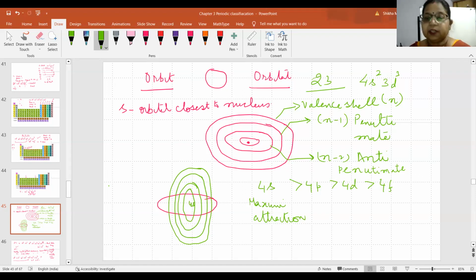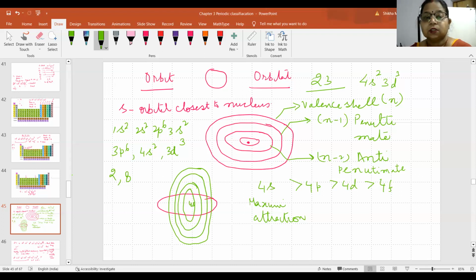So when I convert that orbital configuration into orbit configuration, 1s2, 2s2, 2p6, 3s2, 3p6, 4s2, 3d3, I will get it as 2, 8 for 3s.